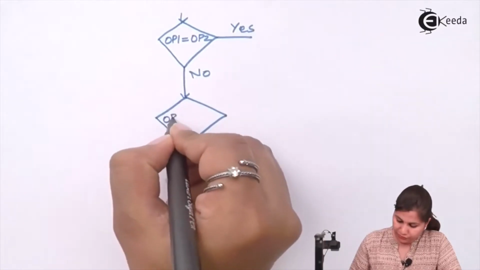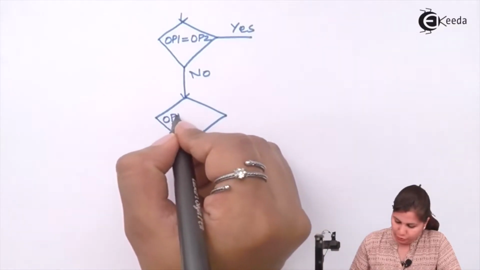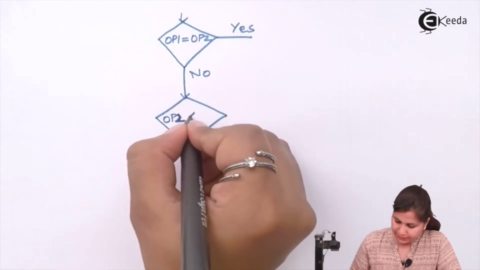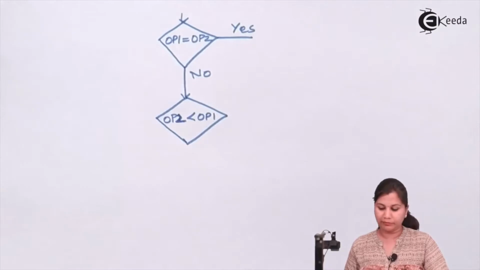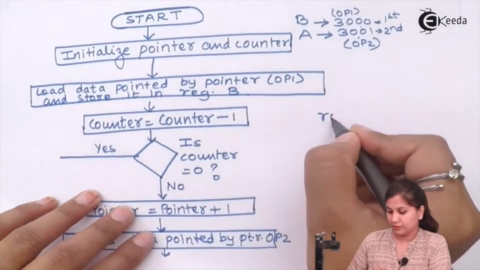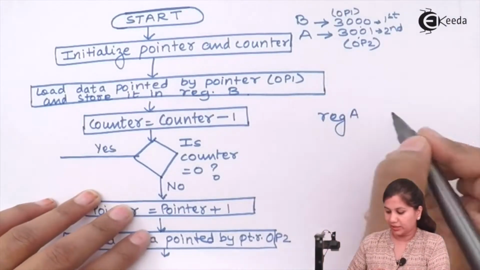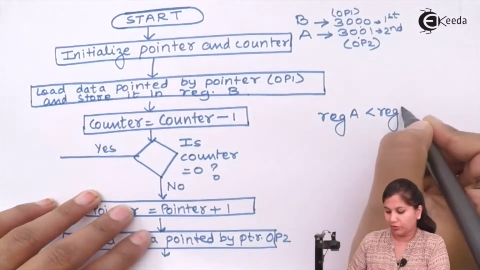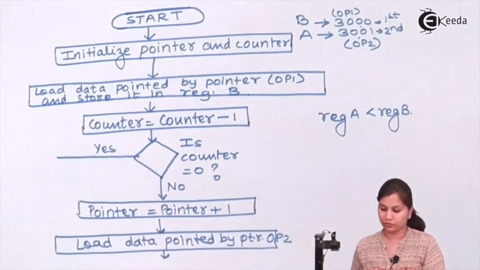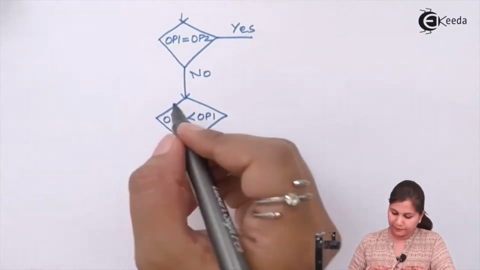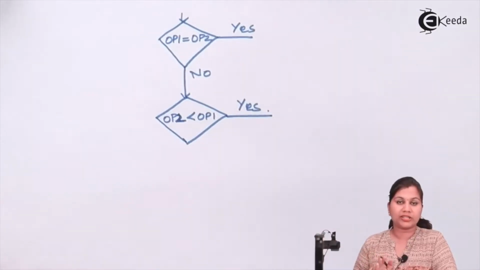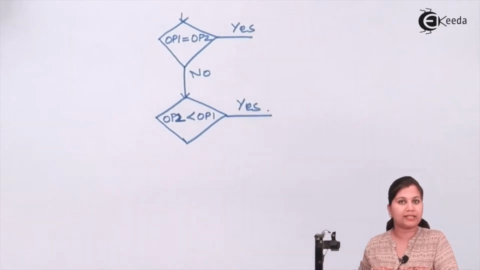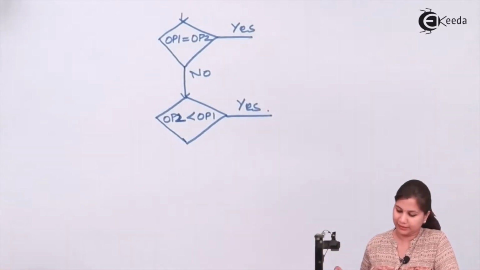So what we will do is check whether OP2 is less than OP1. Because in OP2, that means register A, we will check whether register A is less than register B or not. Okay. So when this condition is true, that register A is less than register B, then we don't need to do any exchange in contents. In register B, we already have our maximum number.